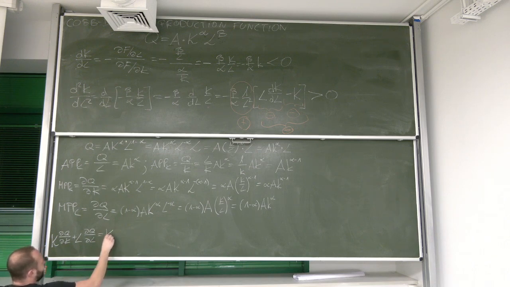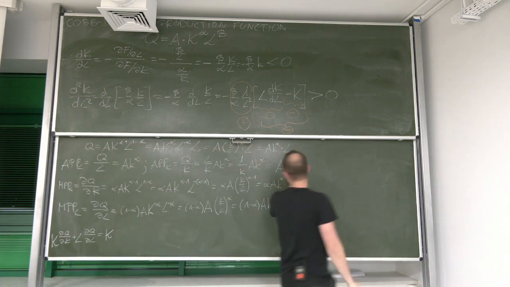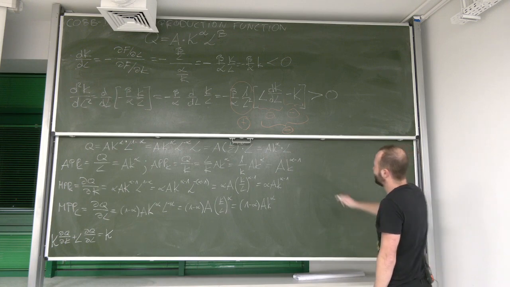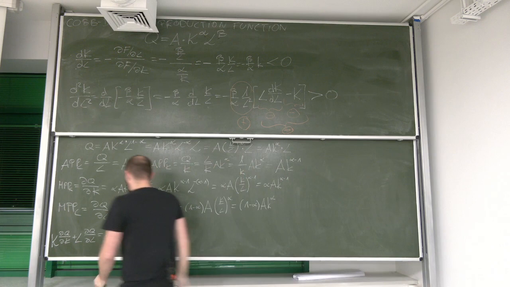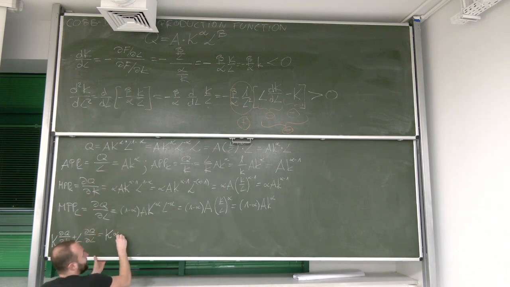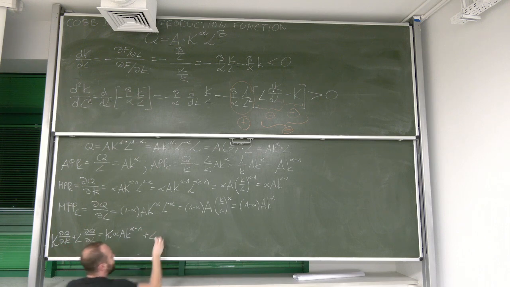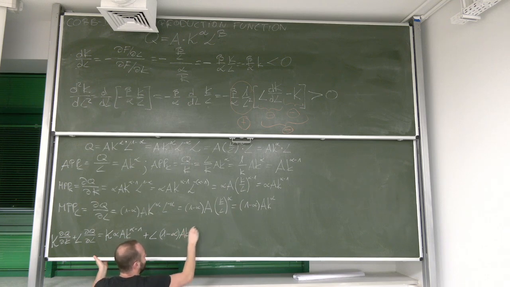I put here K, and this is my marginal product of capital here. So I get that this is K times alpha times A k to the power alpha minus 1. And then I add L times 1 minus alpha times A k to the power alpha.